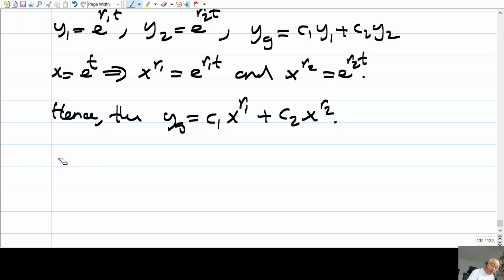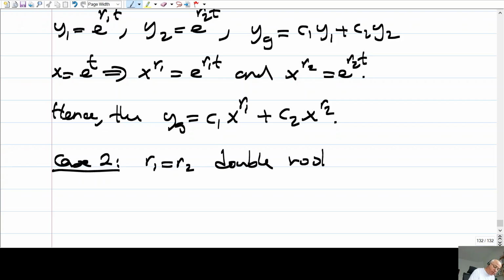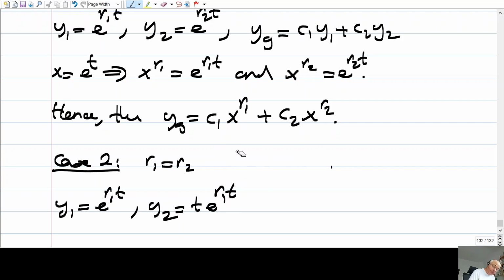Case 2: r1 equals r2, a double root. In that case, we know that one solution is e to the power r1 t, and the second solution is t times e to the power r1 t. Let's say this is equal to r, the double root.